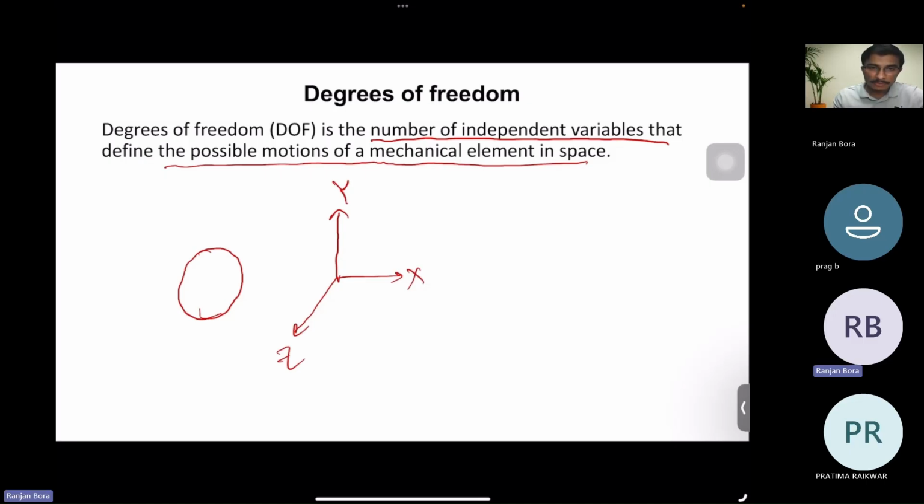Does anyone know? Degrees of freedom of this ball. Anyone, any guess? Do you want to guess some answer?